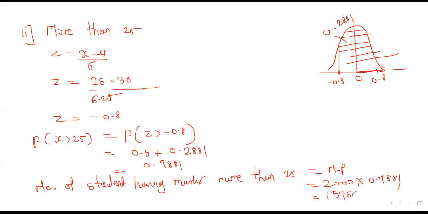Okay, and last thing is we have to calculate number of students having marks between 35 to 40. So first we consider x1 is equal to 35 and x2 is equal to 40.